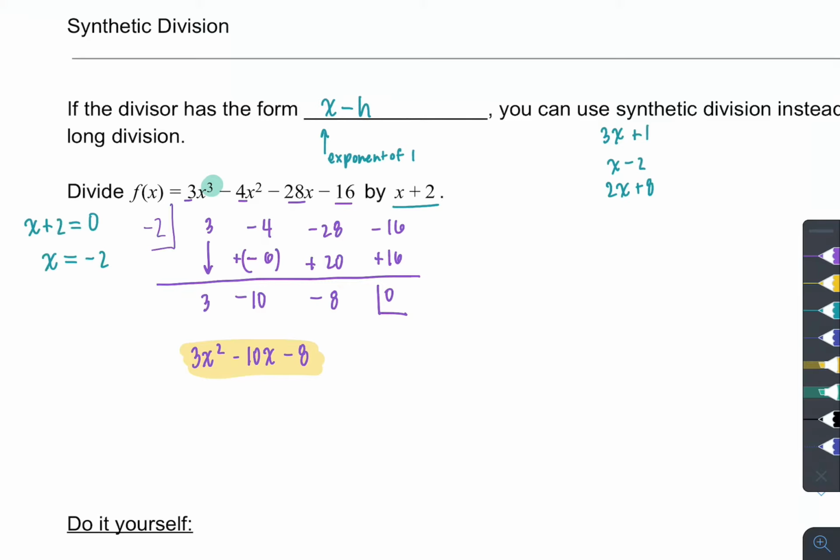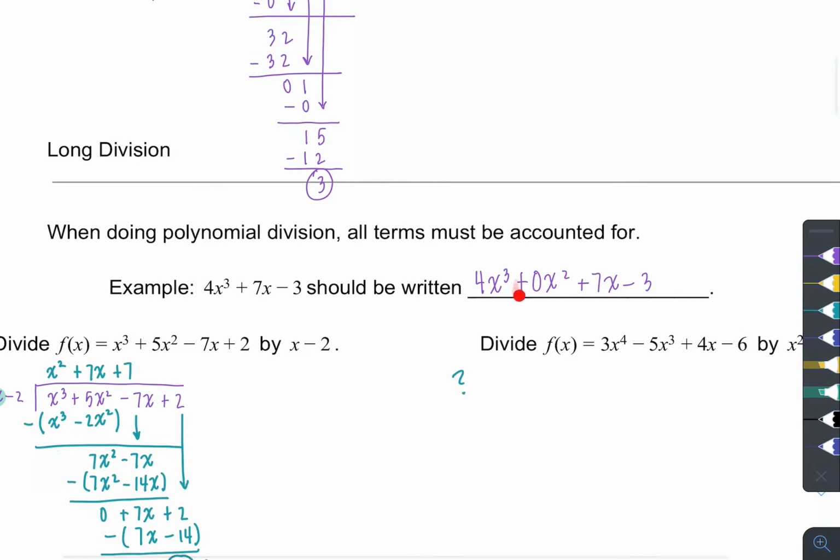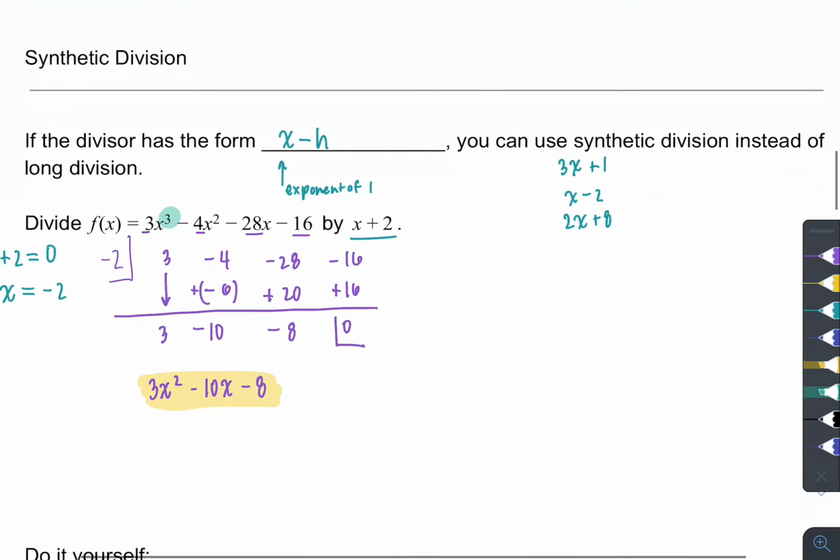Just to clarify, what we do is we take this exponent and we divide it by x, so we get x squared as our first term, and then everything drops down from there. Okay, this is super important that you make sure that you do this step and you add in that 0x when it's needed.